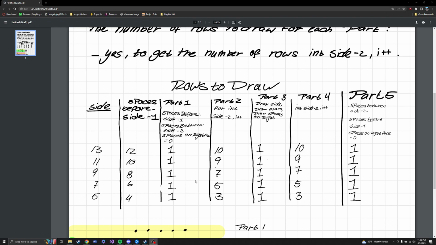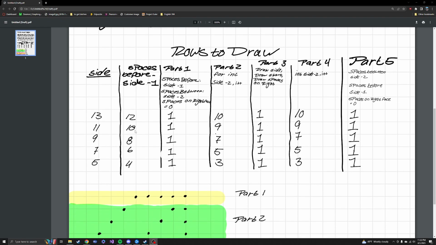To start, we're given a side value of 13. So this is what we're given, right? To start, spaces before is equal to side minus 1. So with 13, you have 12, because you take 13 minus 1.